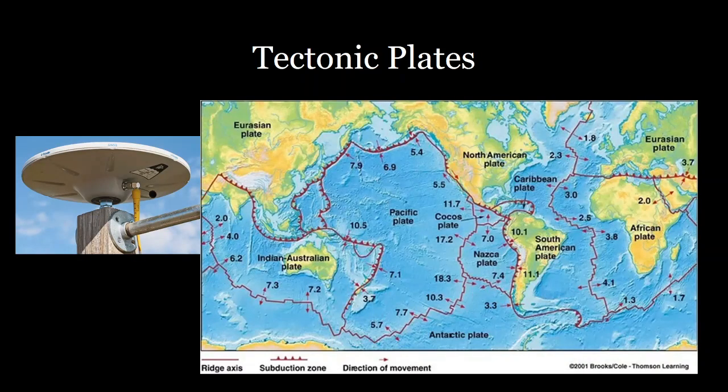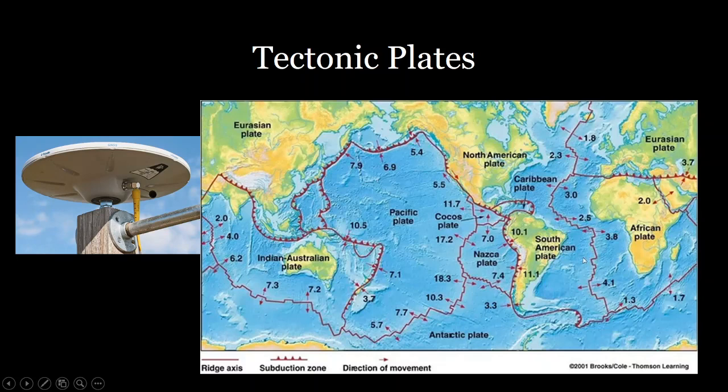We can measure the speed at which these plates are moving using GPS. So for example, this is a very high resolution GPS that's drilled in place, and it measures its location over a very long period of years. And then we can tell how quickly those plates are moving based off of those GPS measurements.